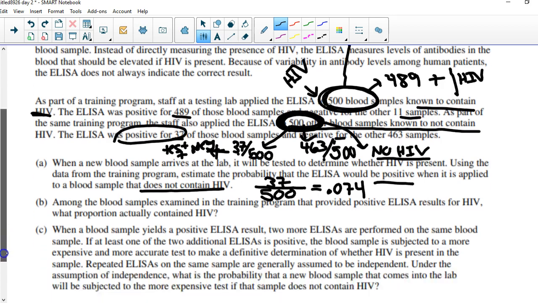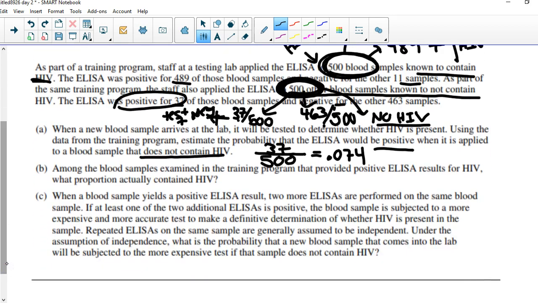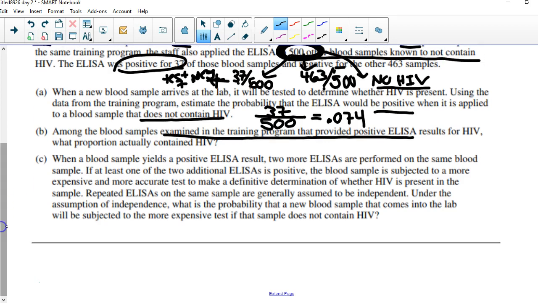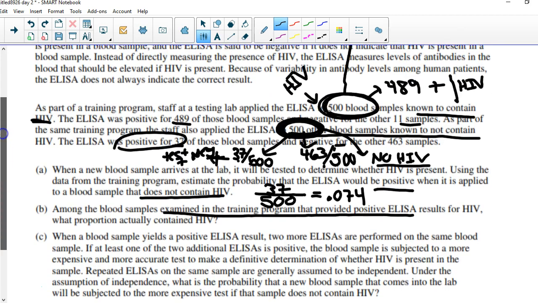All right, next. Among the blood samples examined in the training program that provided positive ELISAs. This is now our given. All we care about now are the people who tested positive ELISA tests. So what does that mean? We can test it 2 different ways. Scrolling up, I'm sorry.